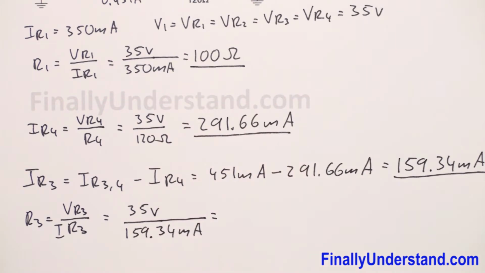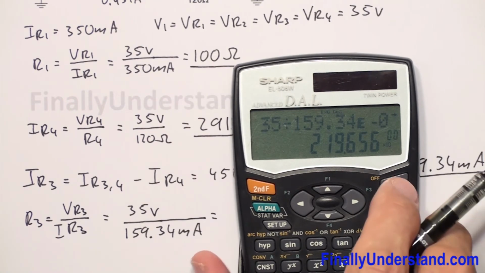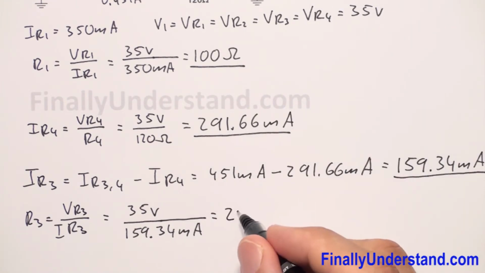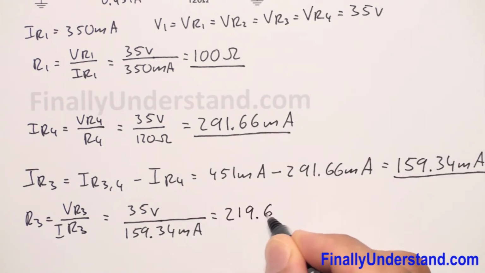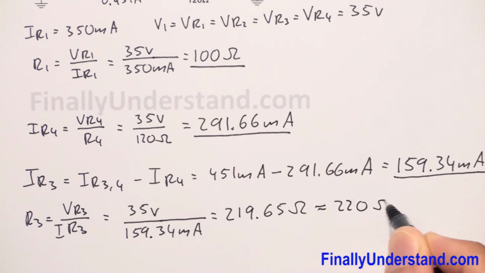This is 35 divided by 159.34 exponent negative 3, which equals 219.65 ohms. So we can say that this is approximately 220 ohms.